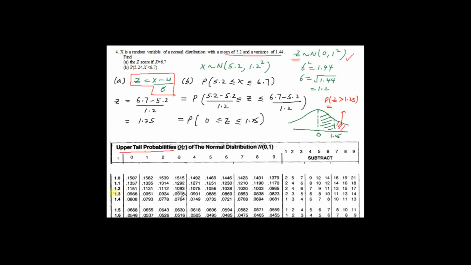So from this table here, you have 1.25. The probability is 0.1056. So now how to find this probability? We have to use the probability z more than 0, that is a half of the probability, 0.5, minus the probability z more than 1.25, which is 0.1056. This will give you an answer 0.3944.